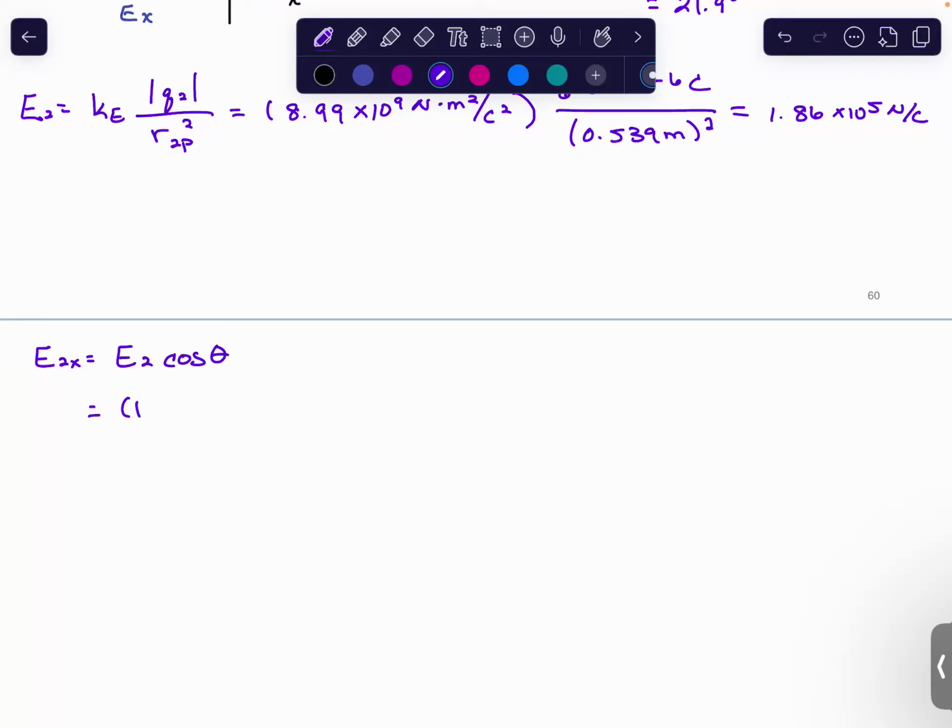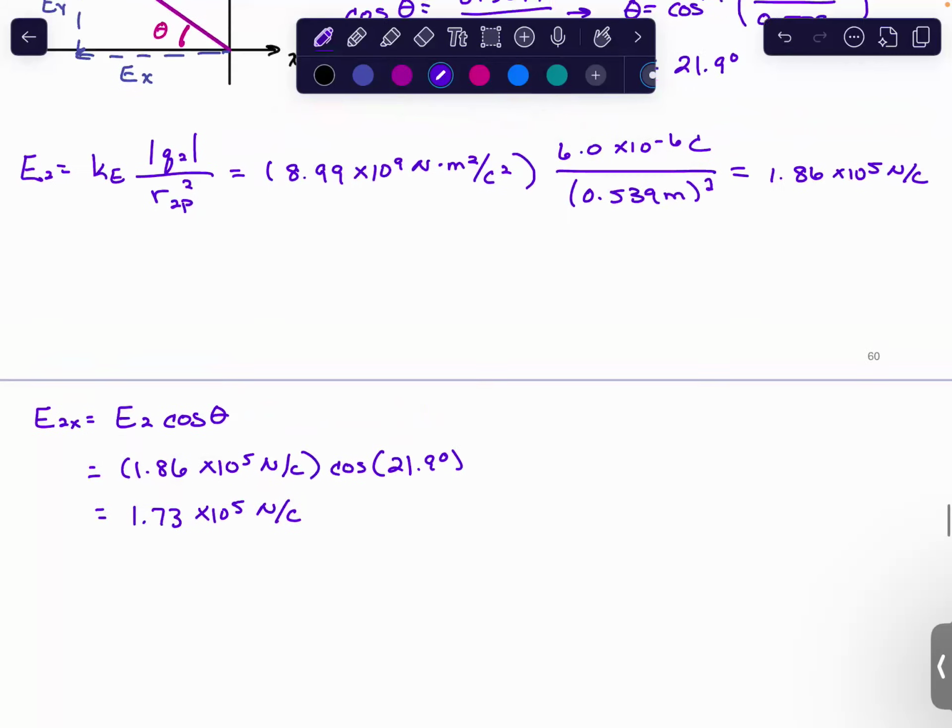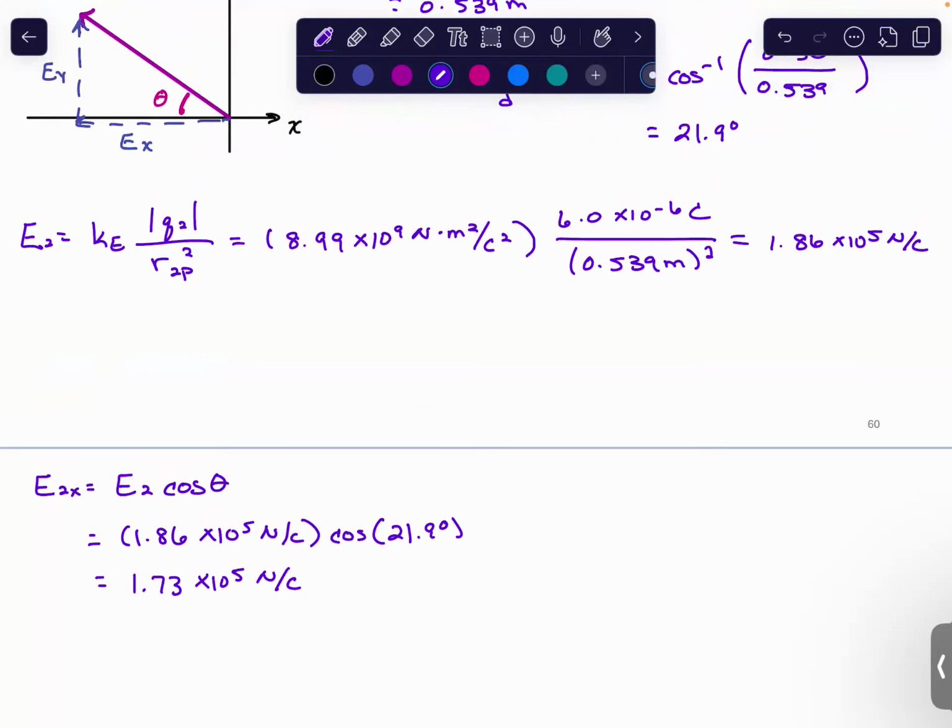That's going to be 1.86 times 10 to the fifth, and for cosine 21.9 degrees, it's going to give you 1.73 times 10 to the fifth newtons per coulomb. Is it going to stay like that? Nope. It's going to become negative because E2X is pointing in the negative X direction.